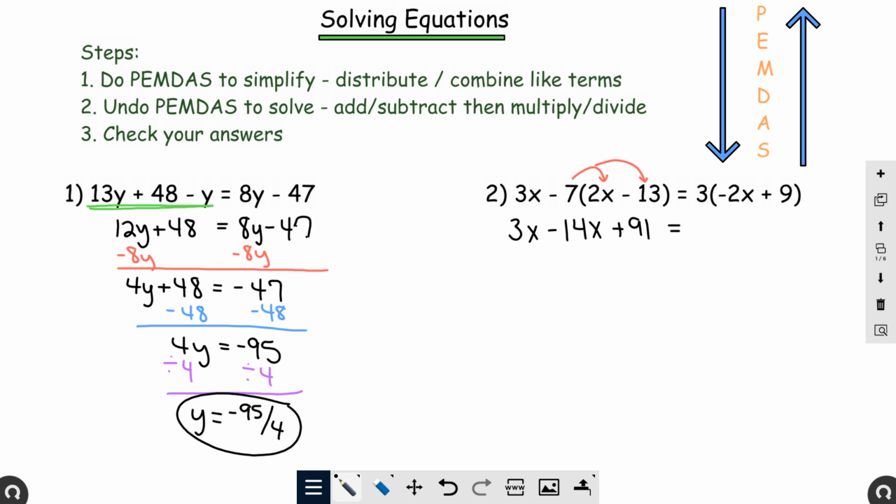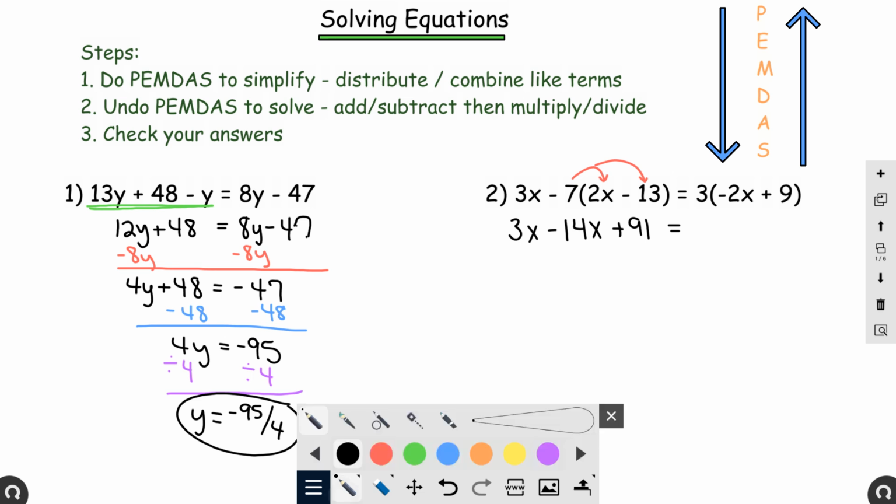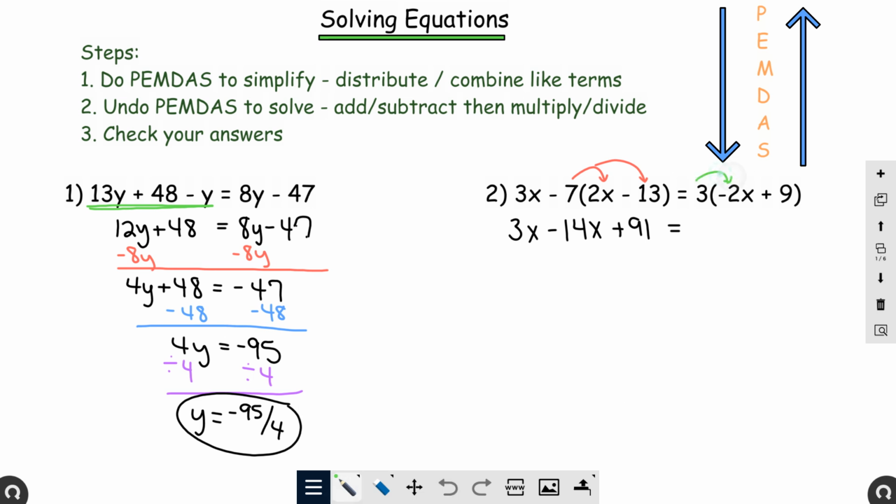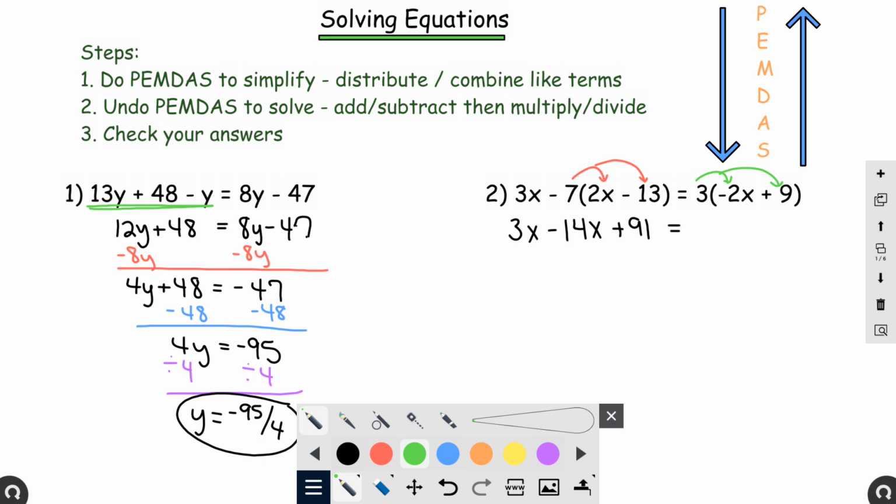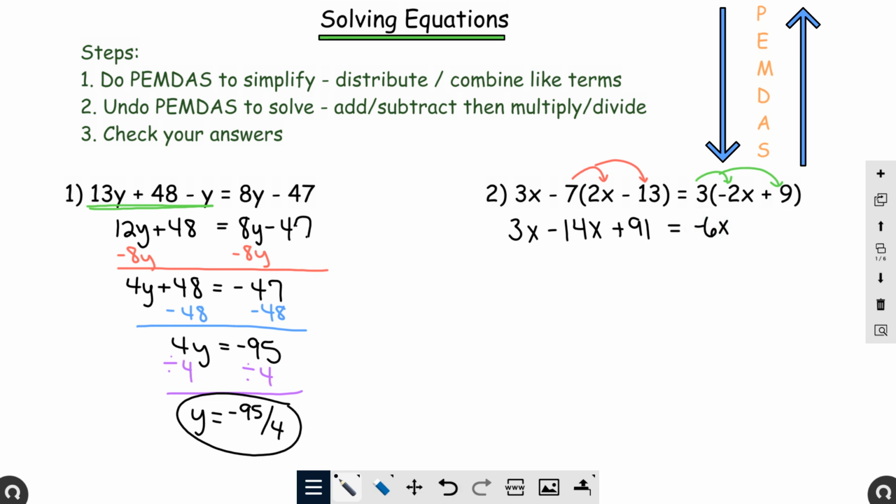Now you can continue on with that left side, or if you want to move on over to the right side, what would you do with it? Distribute the 3. So what do we get when we distribute that 3? Plus. Good. Now, we're still simplifying.